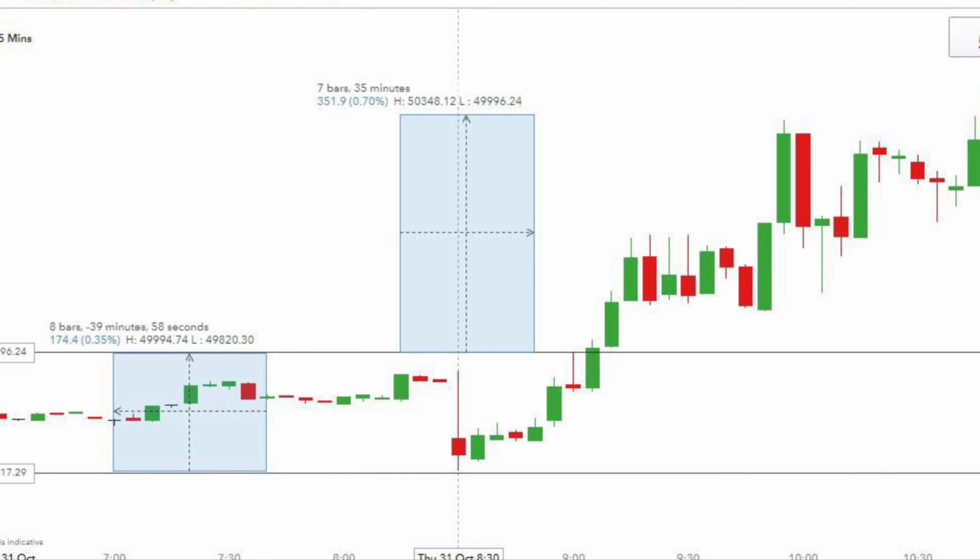So, for example, if you have, let's say, a 100,000 Rand account, and you are willing to trade at 2% risk per trade, you would then be risking 2,000 Rand per trade. Divide that by the amount of points in the channel, which is 174.